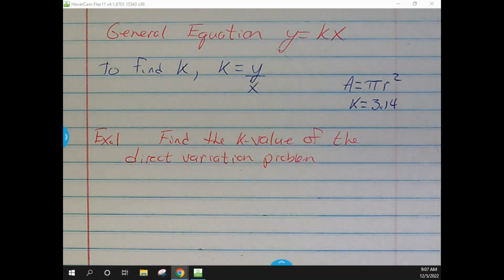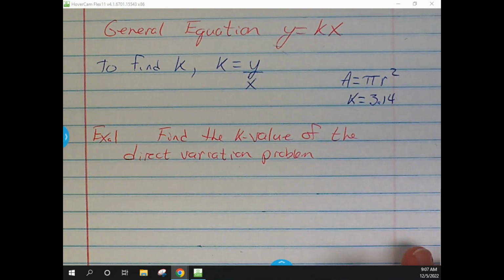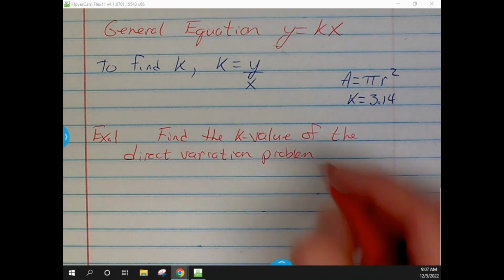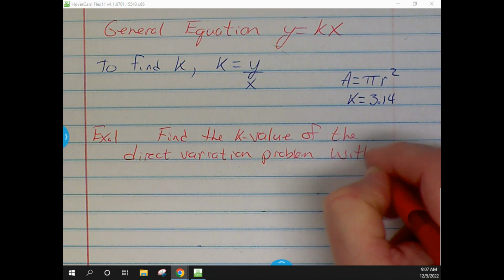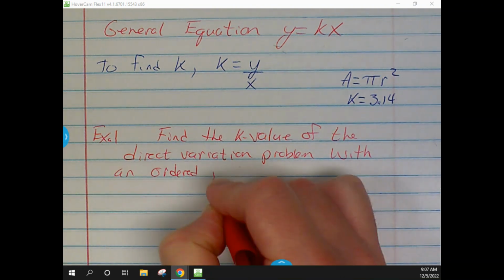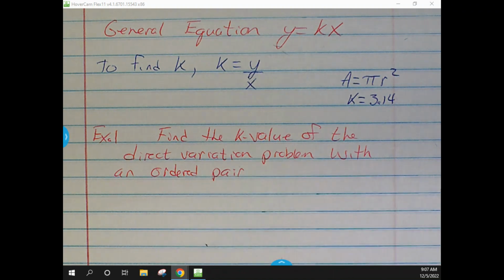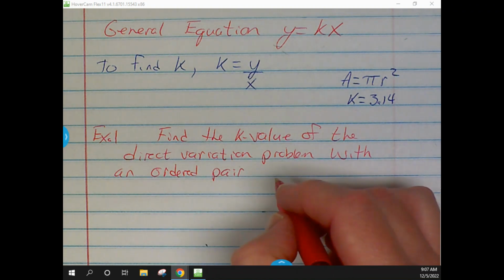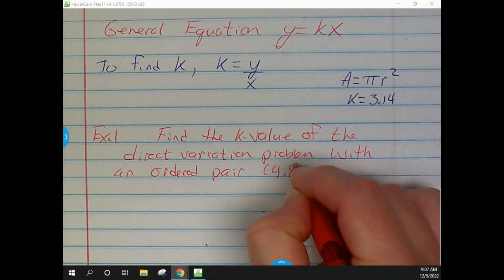I don't know if that's the best wording ever or not, but we'll go with it. Find the k value of the direct variation problem with an ordered pair for a.